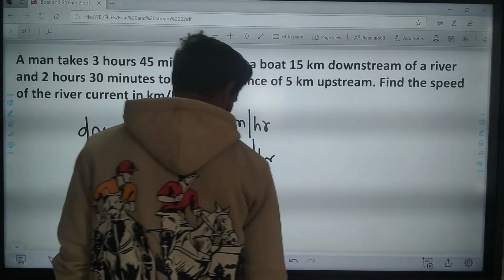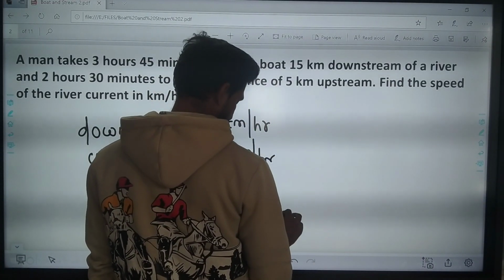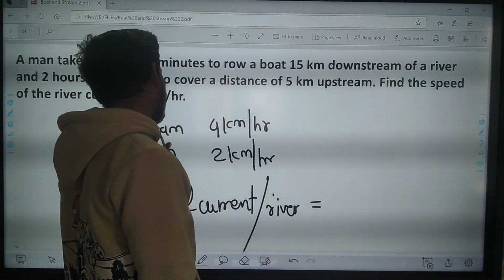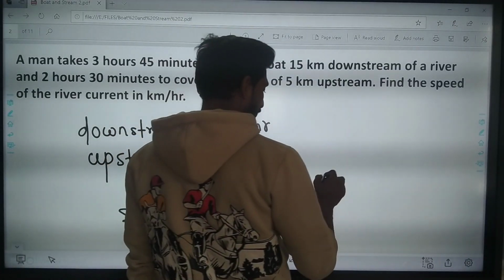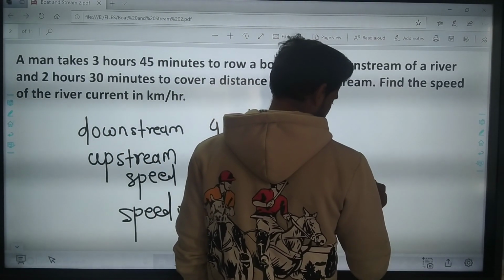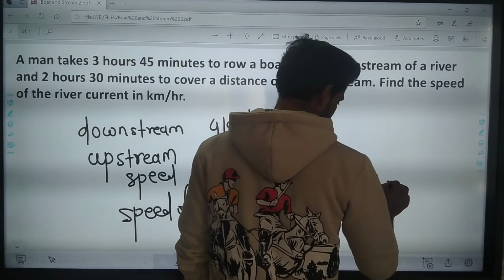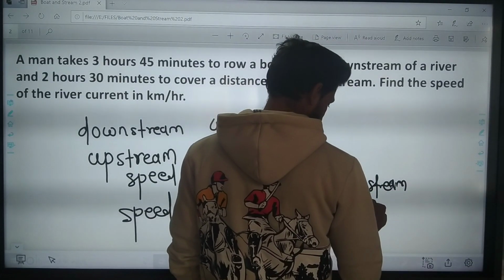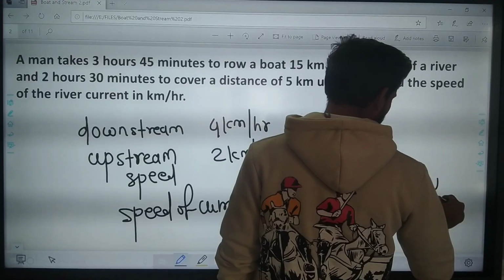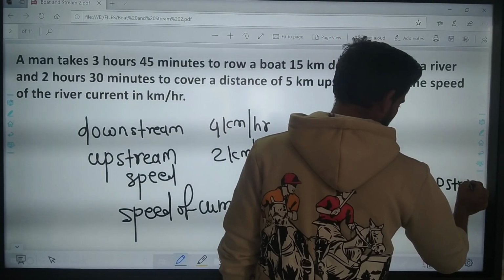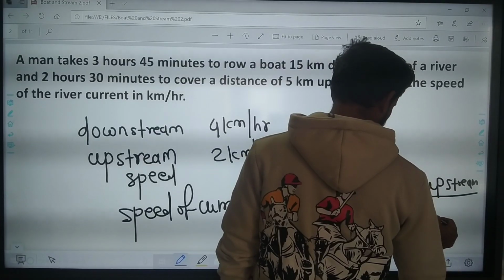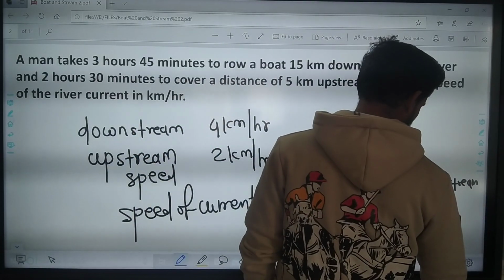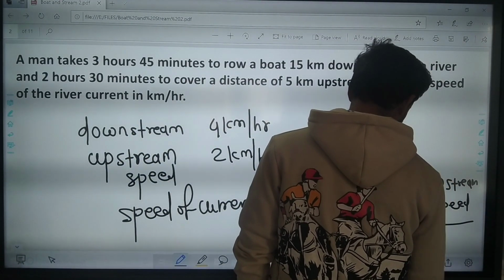The speed of the river is equal to downstream speed minus upstream speed, divided by 2.